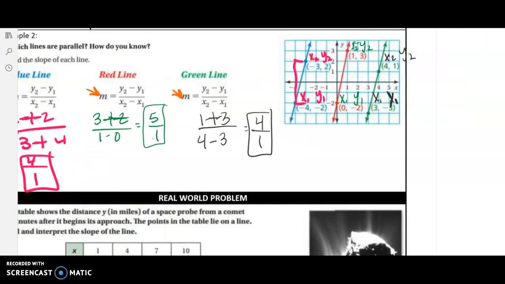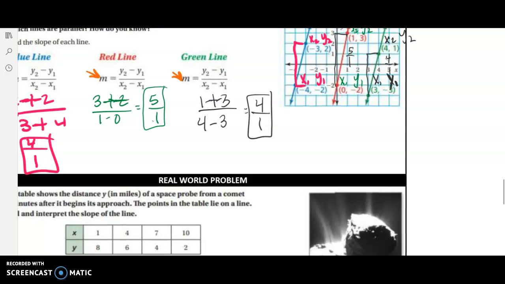And we can actually check both of those slopes because we are given a graph. And so when looking at the graph, I go up 5 over 1. So that one is 5 over 1. And over here, I go up 4 over 1. So this one is 4 over 1.